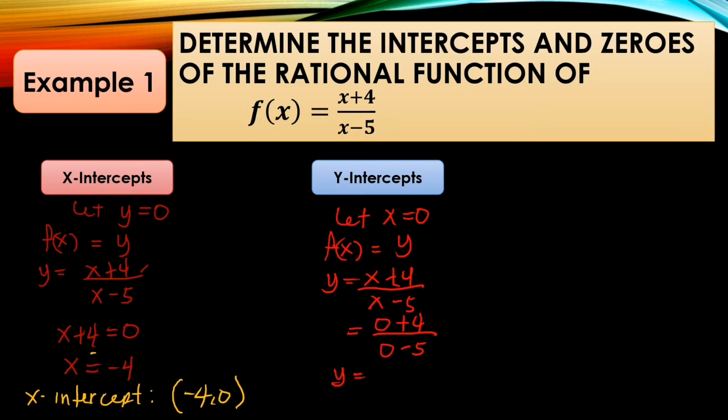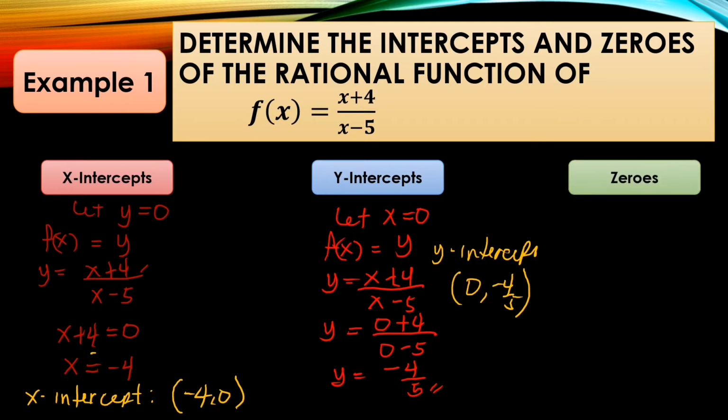So, y is equal to negative 4 over 5. So, meaning, the y-intercept is 0, negative 4 over 5. How about zeros? Remember, zeros is also x-intercept. So, meaning, zeros is negative 4, 0.